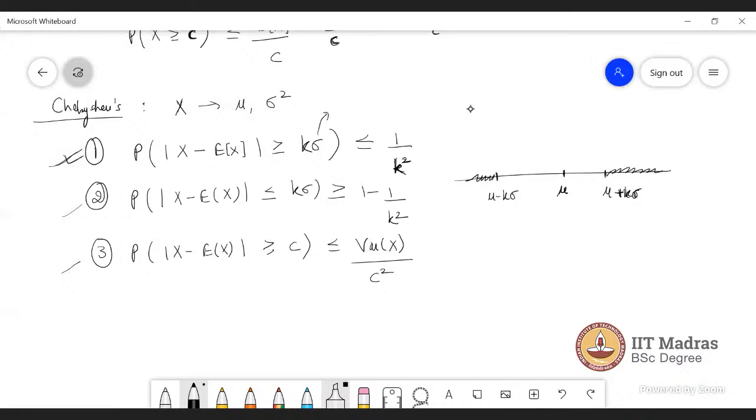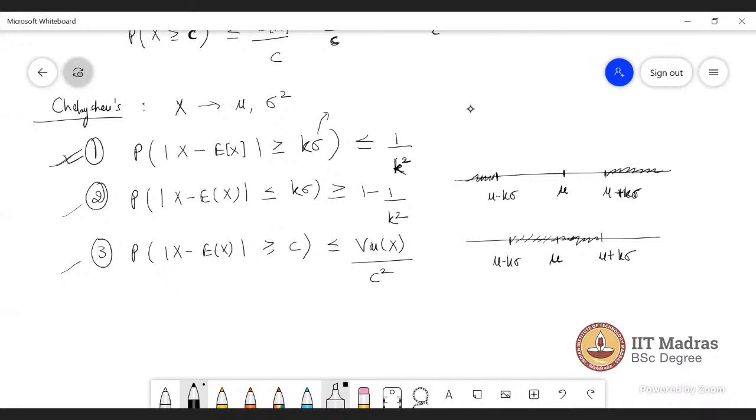Now if you look at the second inequality, it says the probability that your random variable x lies in the range mu minus k sigma to mu plus k sigma is greater than or equal to 1 minus 1 upon k square. In Chebyshev's inequality we just have one random variable.